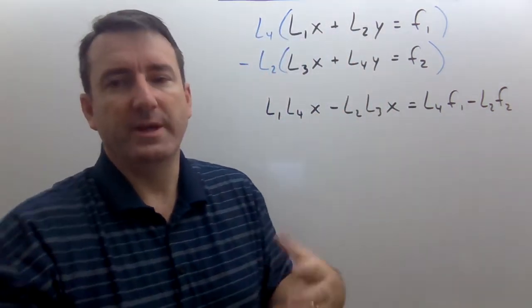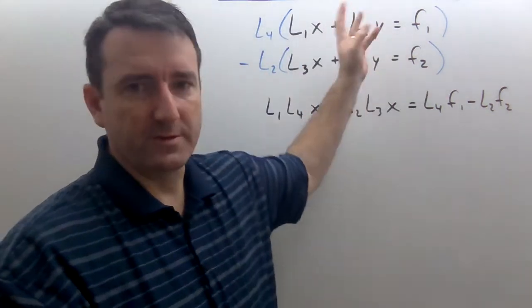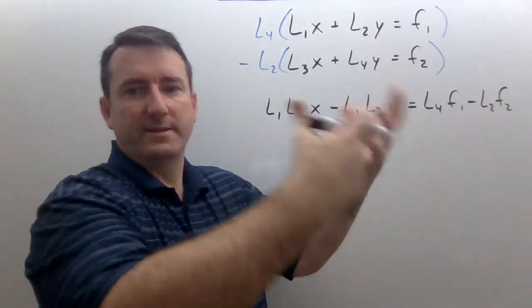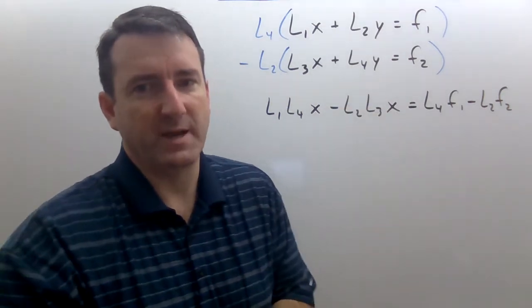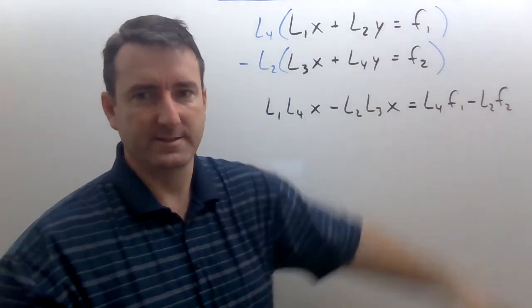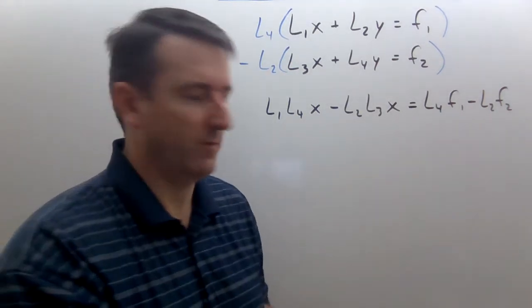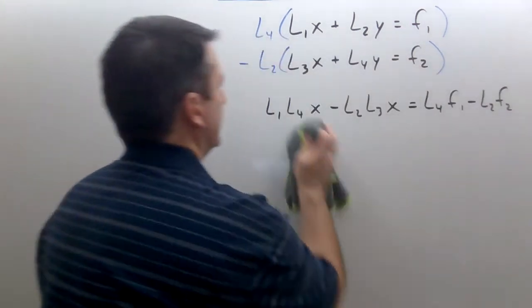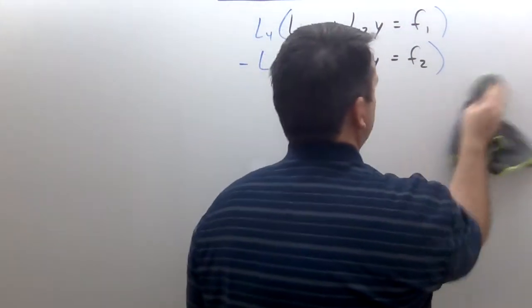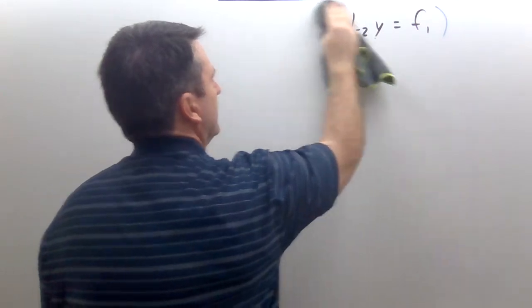All right, so in the future, rather than go through this whole process of multiplying the top equation by something and the bottom equation by something, we're just going to skip straight to this and eliminate the y by doing this and then move forward from there.